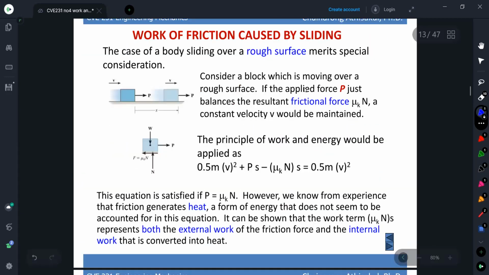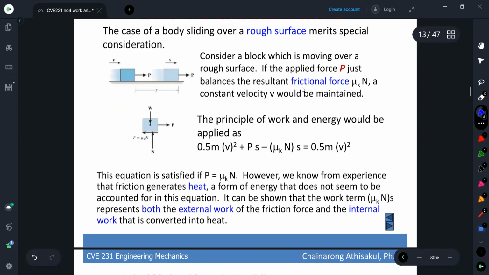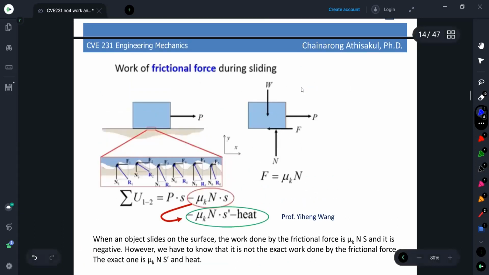If we consider the work of friction caused by sliding, when an object slides on a surface, the work done by the friction force is equal to mu k N times s, and it is negative. However, we have to know that it is not the exact work done by the frictional force. The exact one is mu k N times s prime, and s prime and s may not be equal.